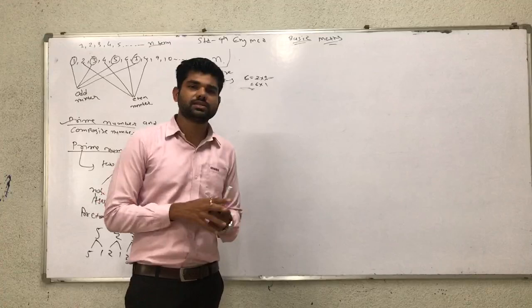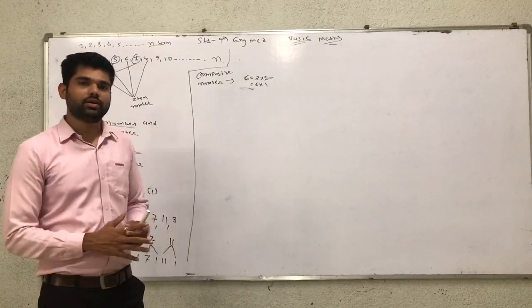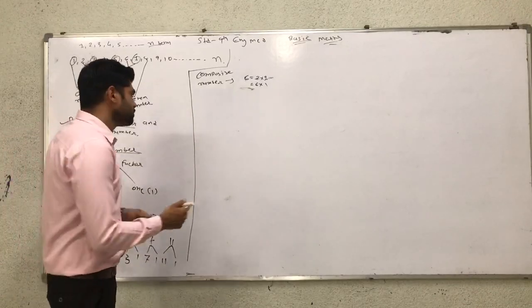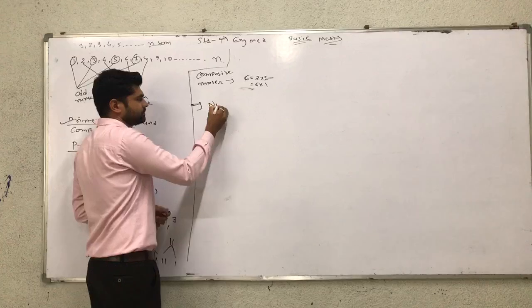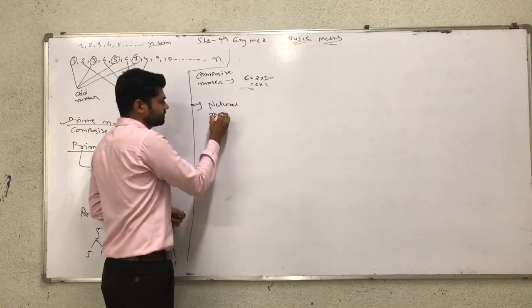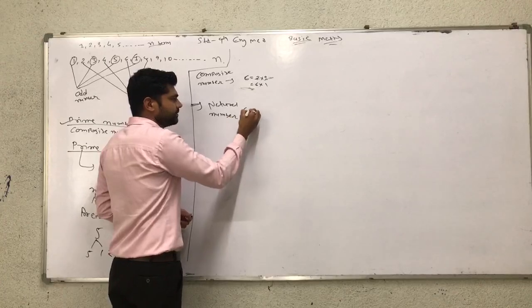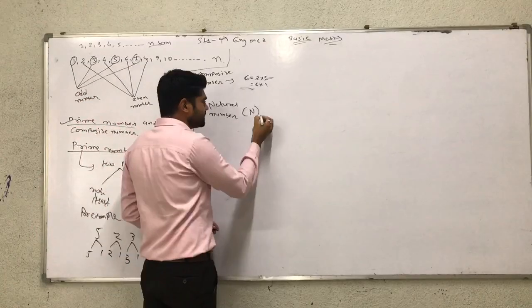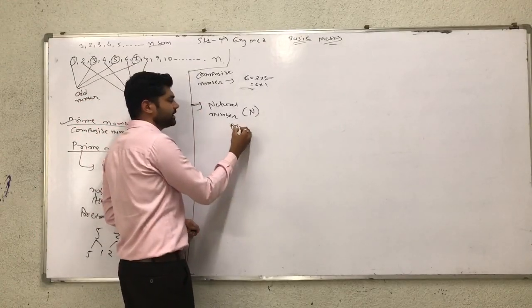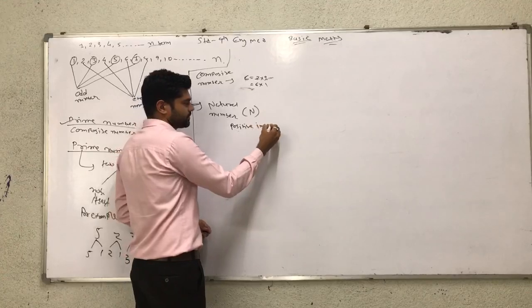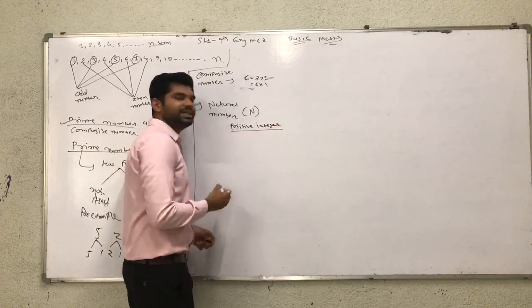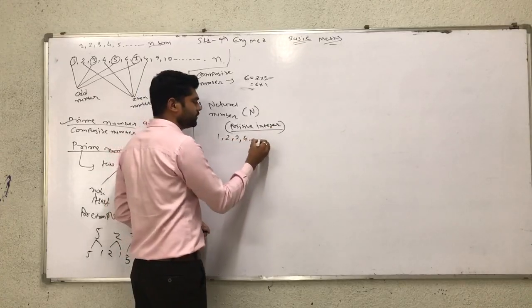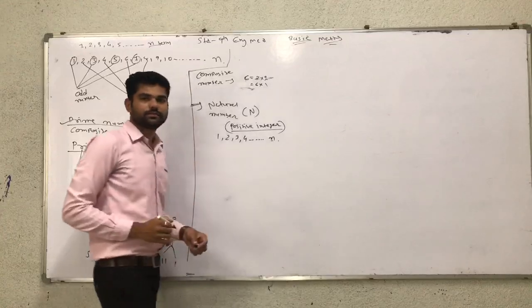After understanding odd, even, prime and composite numbers, we have to learn some different names of numbers. So start with natural numbers. A natural number is denoted by capital N, and these numbers start with positive integers: 1, 2, 3, 4 up to n.